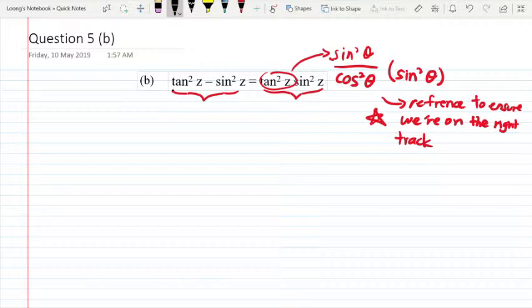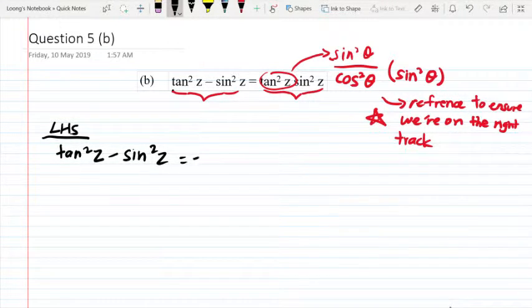So now, as usual, we'll be starting on the left hand side, as this is what I usually use. So now we'll be copying the question first. Tangent square z minus sine square z equals tangent square z sine square z.